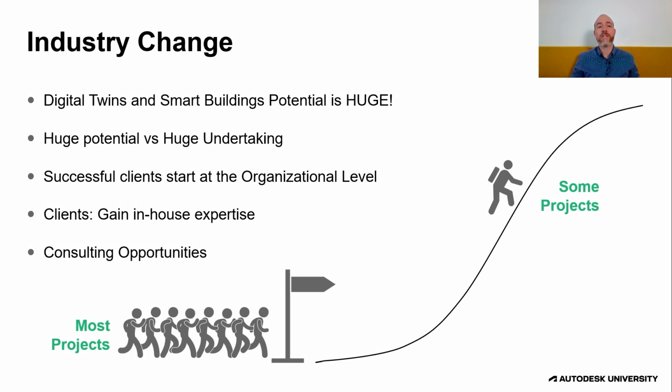The industry is changing. There is huge potential in what digital twins and smart buildings can do for our built environment. There are huge opportunities for zero carbon, for efficiency, for financial benefits within projects, even for feedback into the design loop. There's huge potential, but it's also a big undertaking. So for all those groups looking at this, you need to consider what those first steps are.